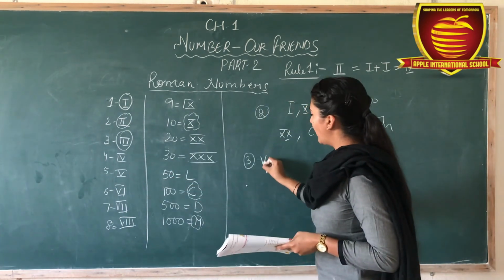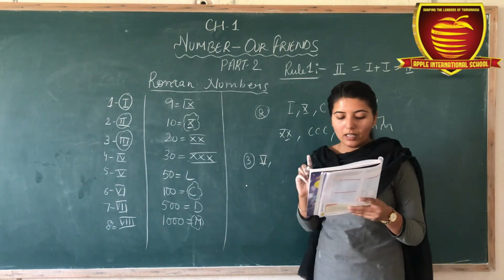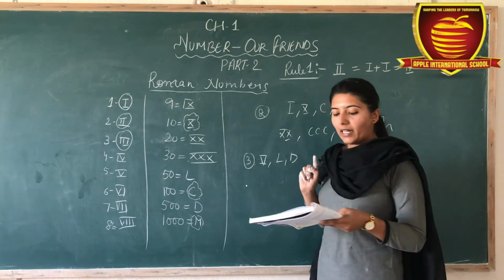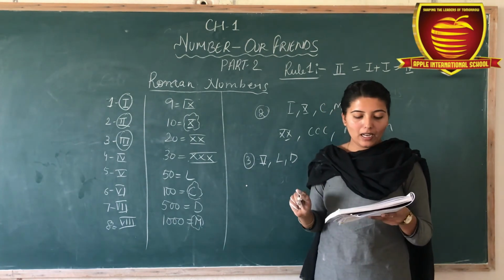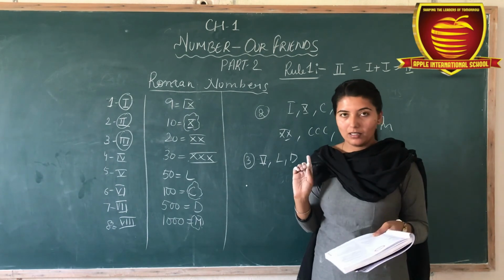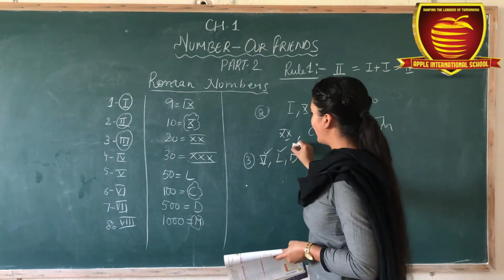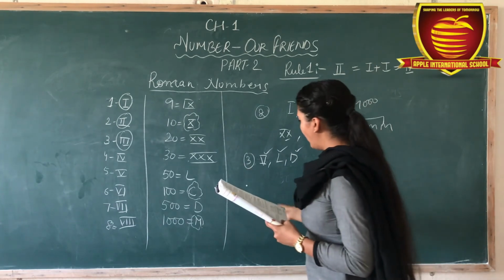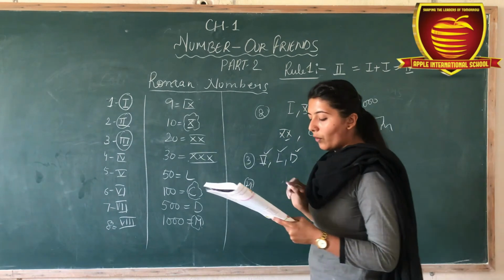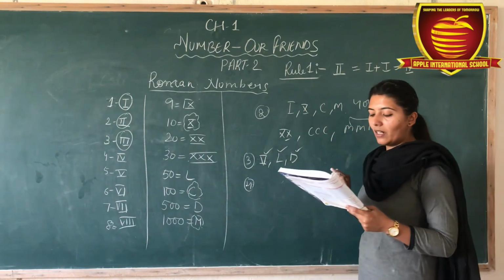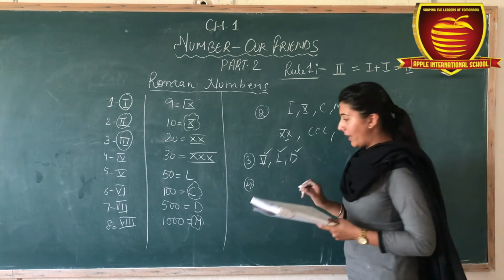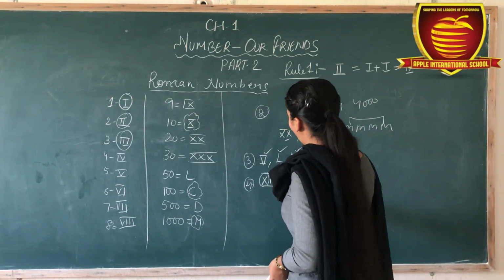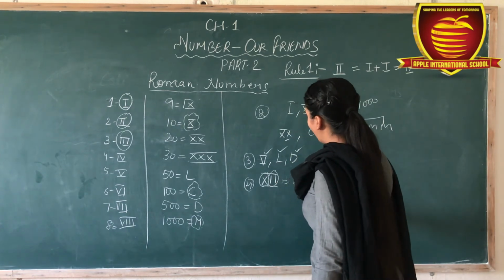For example, this one is greater, 10, this one is 2.